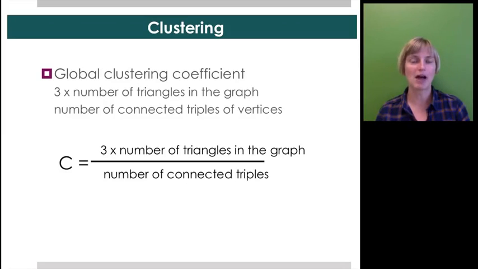If the entire graph is one connected clique with all edges present, the clustering coefficient is 1, and if there are no triangles in the entire graph, then this global clustering coefficient is 0. And we'll see in a little bit how to evaluate values in between.